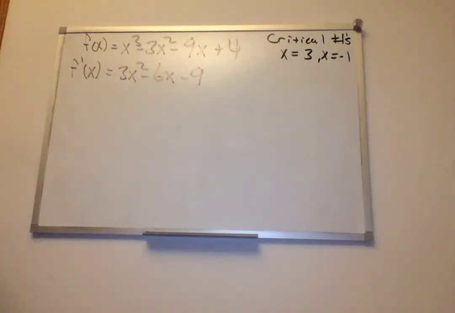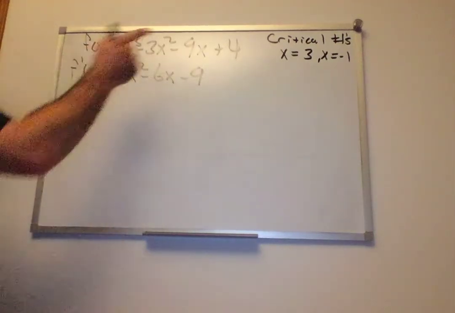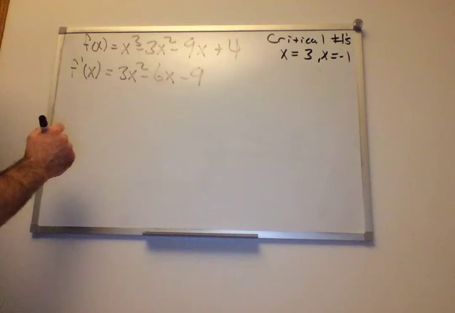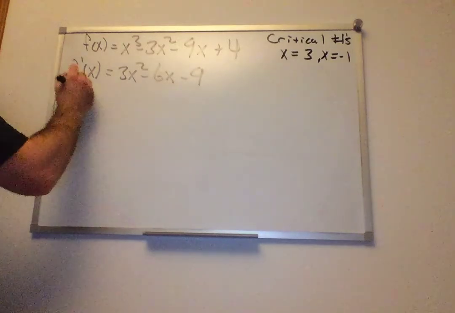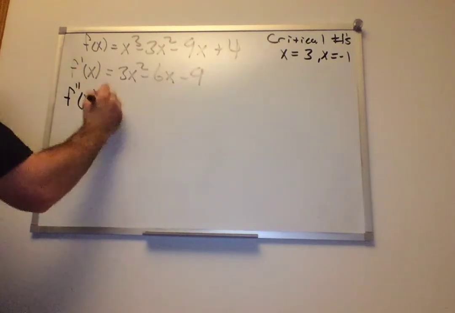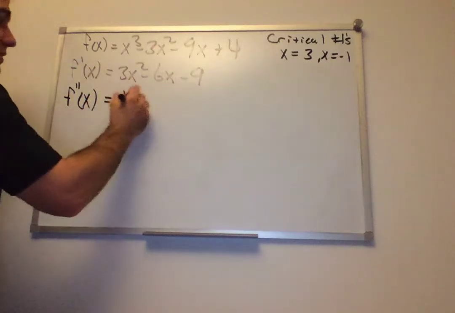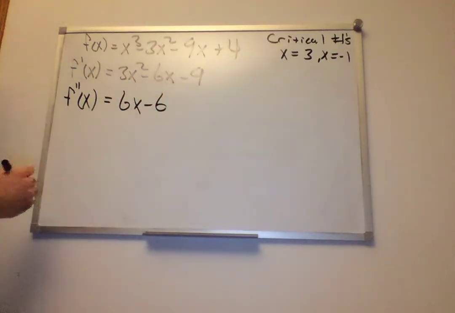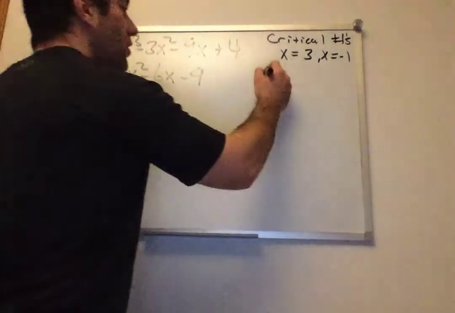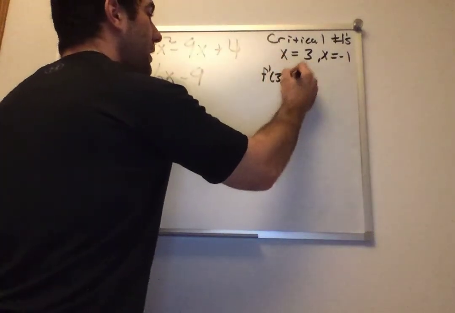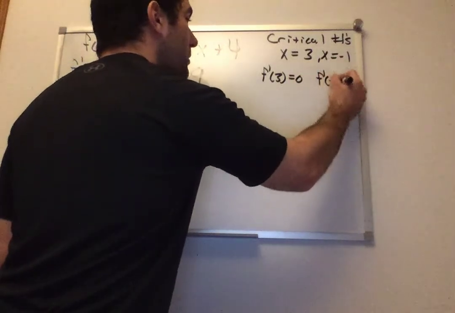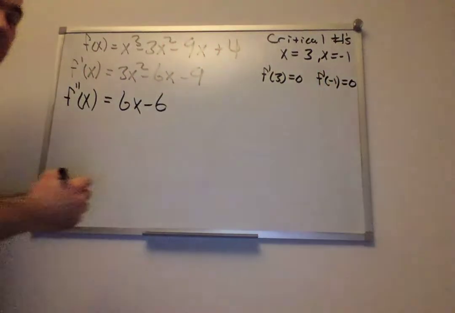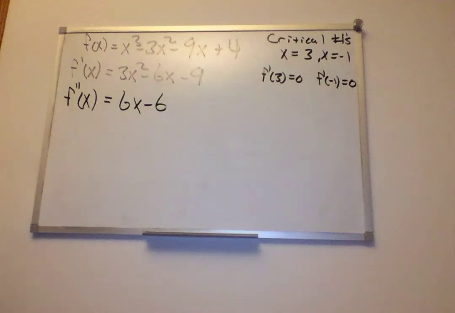To see whether we have minimums or maximums at those points using the second derivative test, we need the second derivative. We know f prime of 3 equals 0, and we know f prime of negative 1 equals 0. So the first condition of the second derivative test is satisfied.